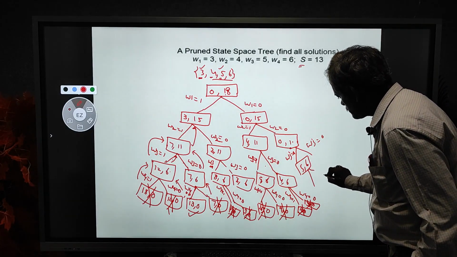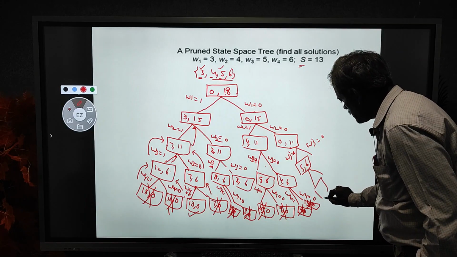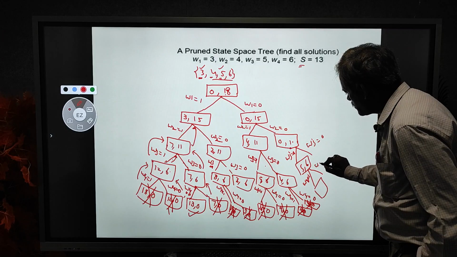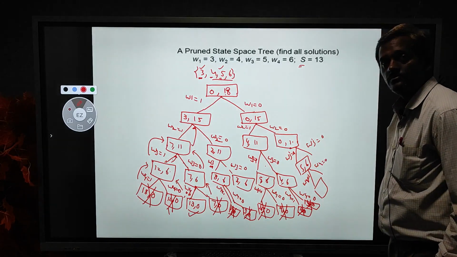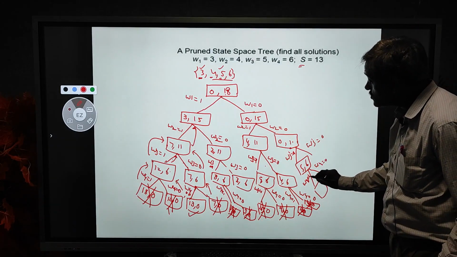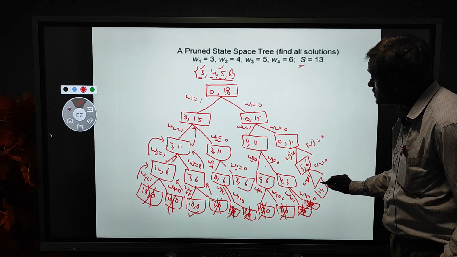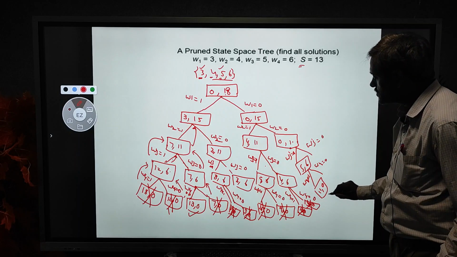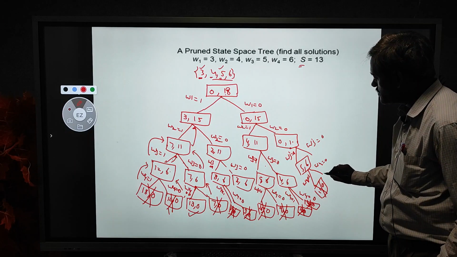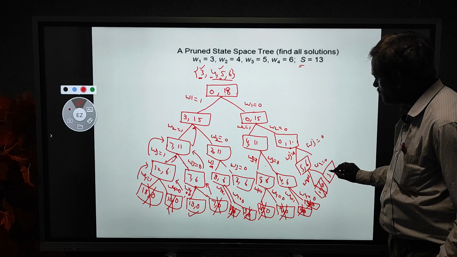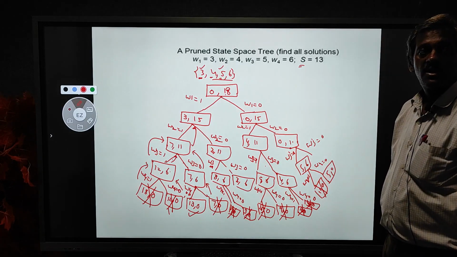Similarly, you have to check out here also, W4 is equal to 1 and W4 is equal to 0. If you are going to consider here, this is going to be 5 plus 6 is going to be 11, and this is going to be how much? 0. So this is not a feasible solution, and this is also not feasible. Why? Because 5 and 0 not feasible.